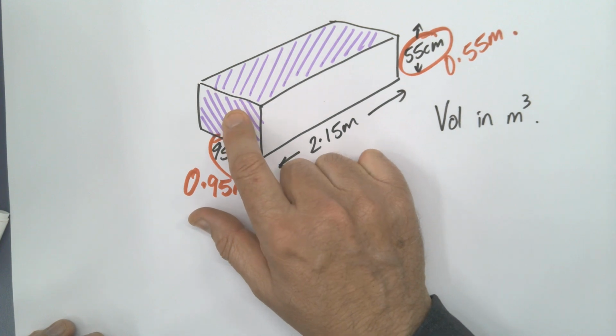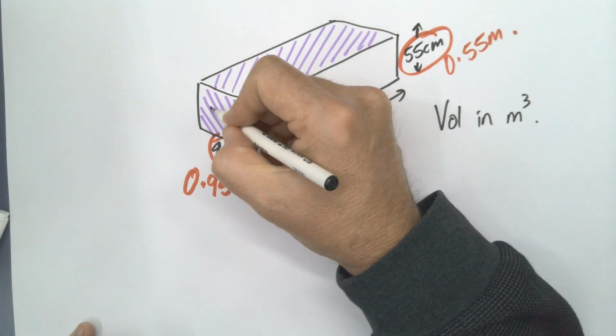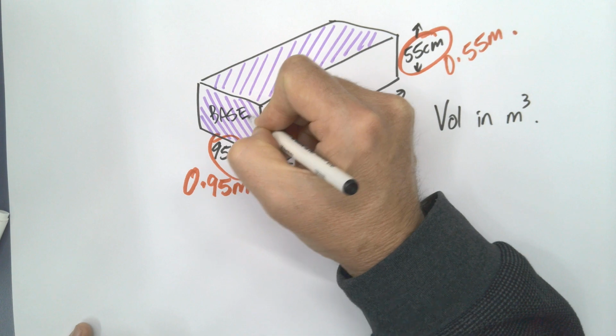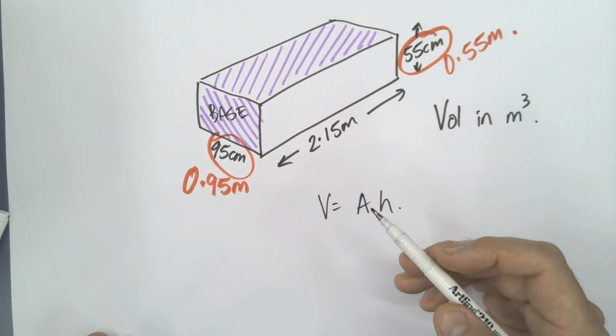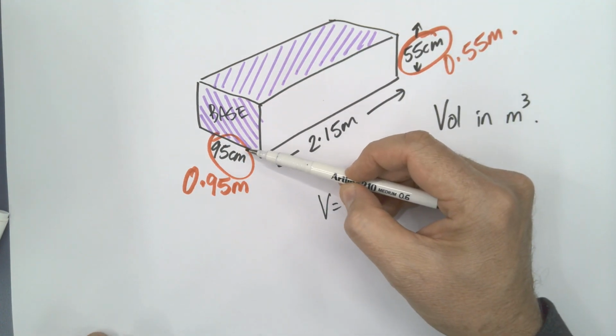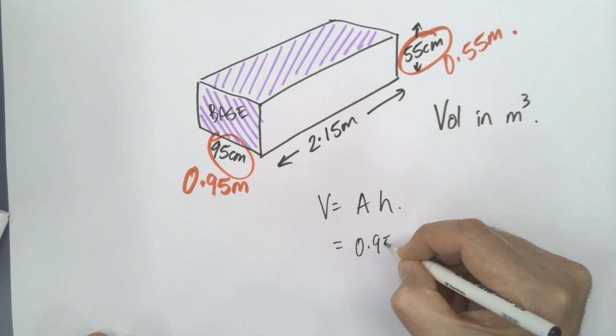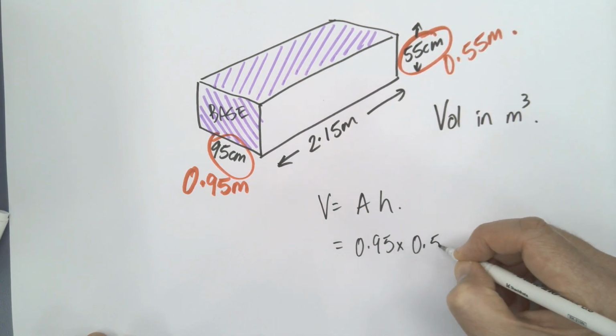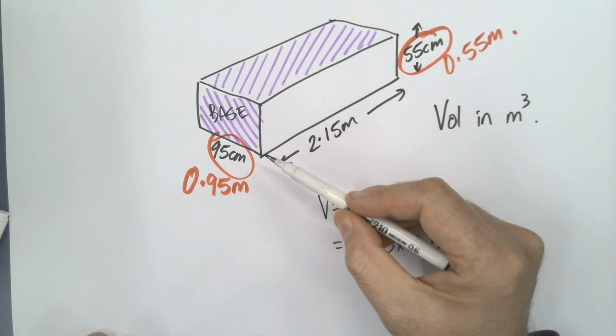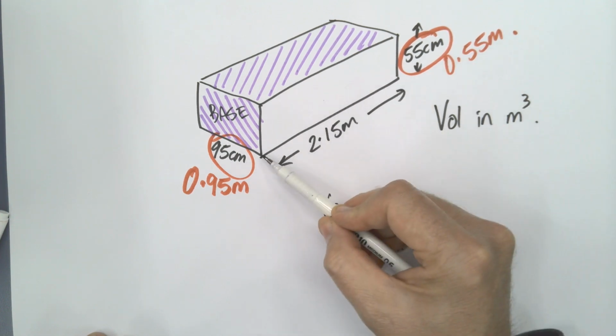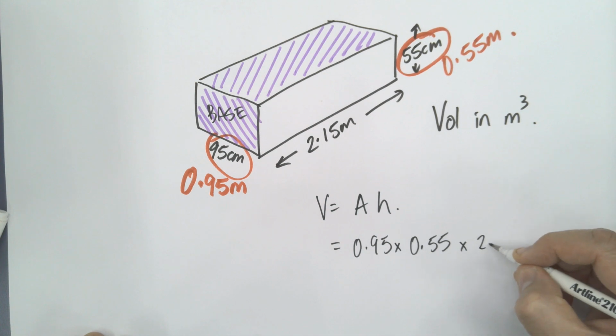If I'm going to go with that as the base, then what's its area? It's just a rectangle, so it's side times side. So it's going to be 0.95 times 0.55. And then I just multiply it by how far along that goes, 2.15.